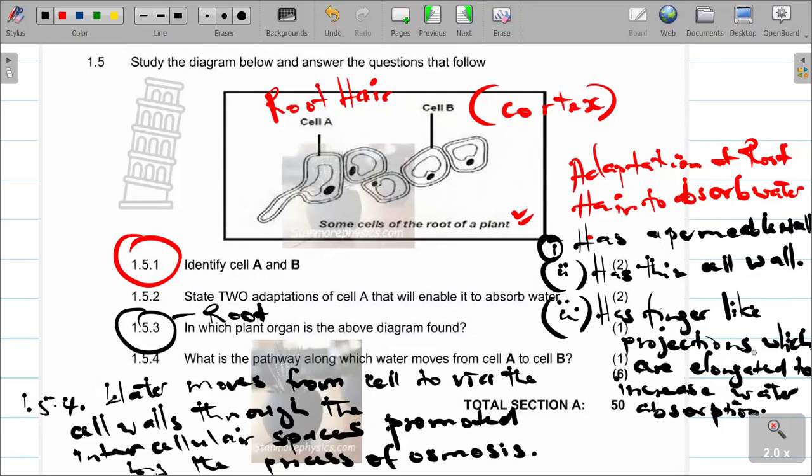Osmosis, I'm sure you see, is another process through which water moves from a region of higher concentration to a region of lower concentration. That is, of course, the water movement support process that actually enables water to move. So the intercellular air spaces are, of course, supported by osmosis.